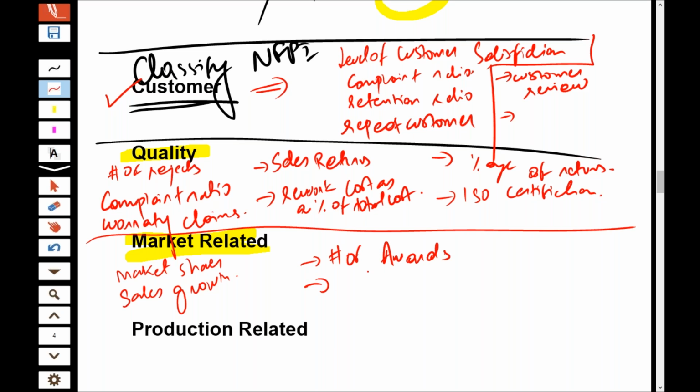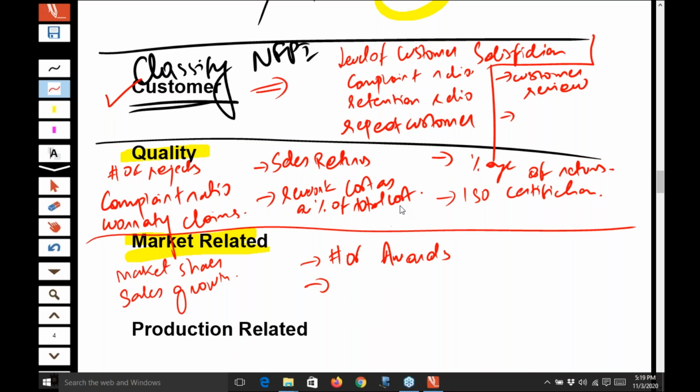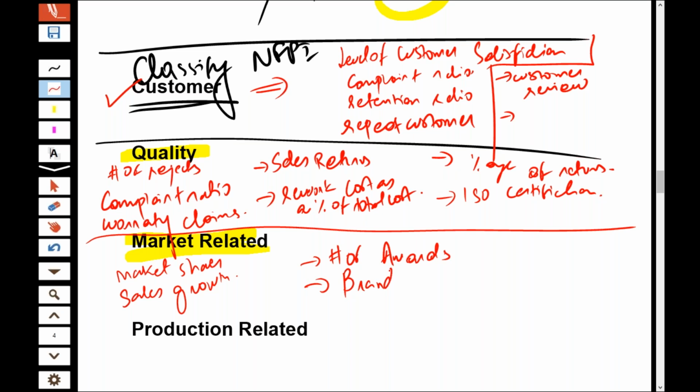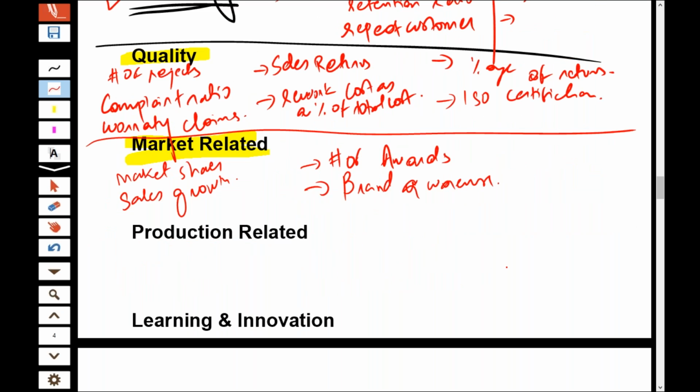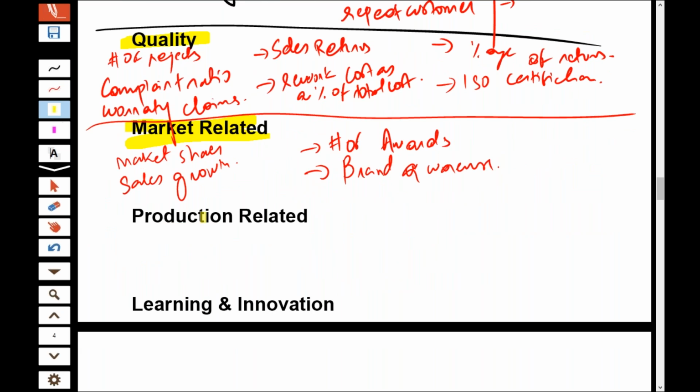This is actually going to show your market competitiveness. Yes, the brand awareness, but it becomes a very difficult thing to measure. But anyways, still. Okay. We've got two more headings that you people have suggested.